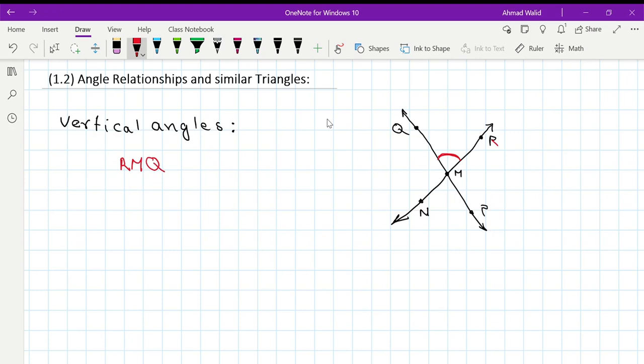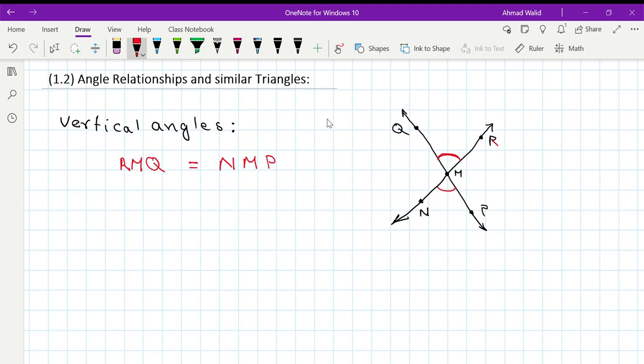And the second angle that I see is NMP, correct? NMP. What is the relationship between these two angles? These two angles are actually equal to each other.